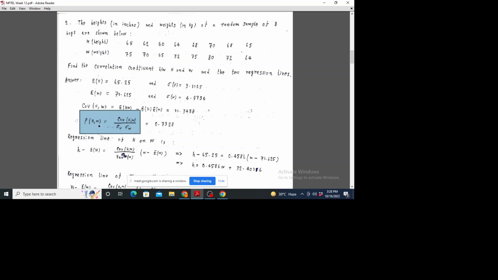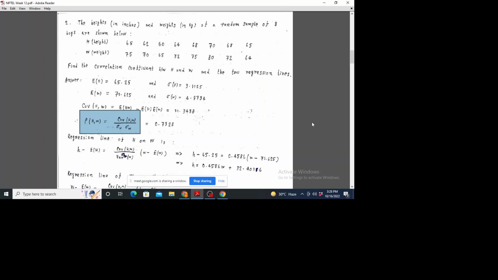This is the correlation coefficient and this is the formula for that: covariance of H and W divided by standard deviation of H and standard deviation of W. How to find these quantities in the numerator and denominator? Let us begin.